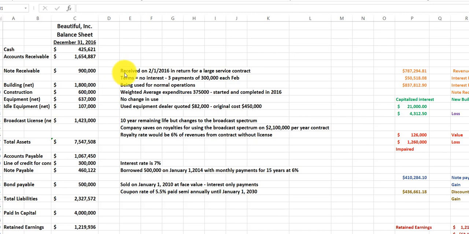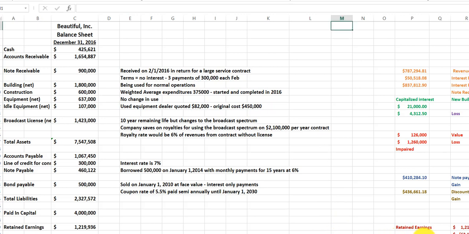And so we gave you this explanation that there was no interest involved, three payments of $300,000 each, received on February 1st. You can see on the balance sheet they recorded it for just the face value, three payments of $300,000, $900,000. But no interest says we can't do that. We've got to use the present value of the three payments of $300,000.